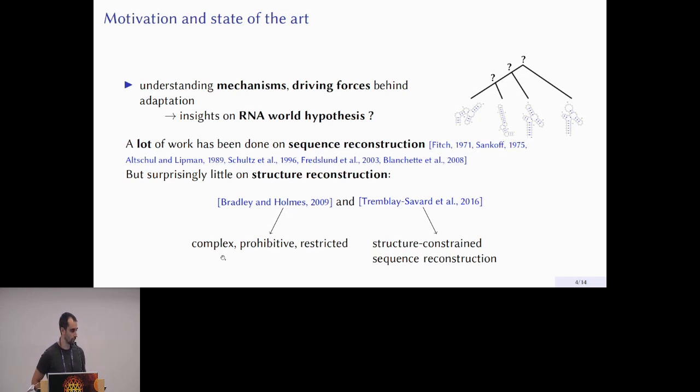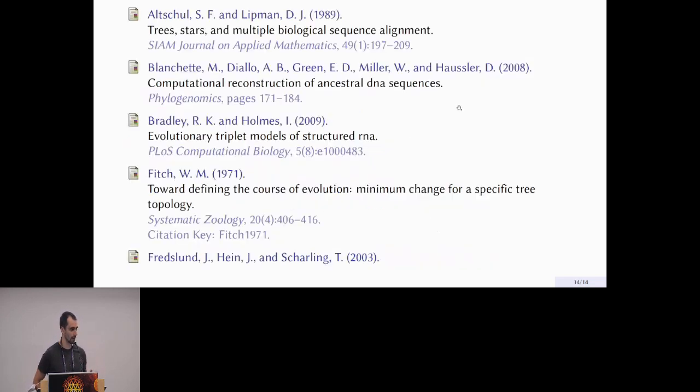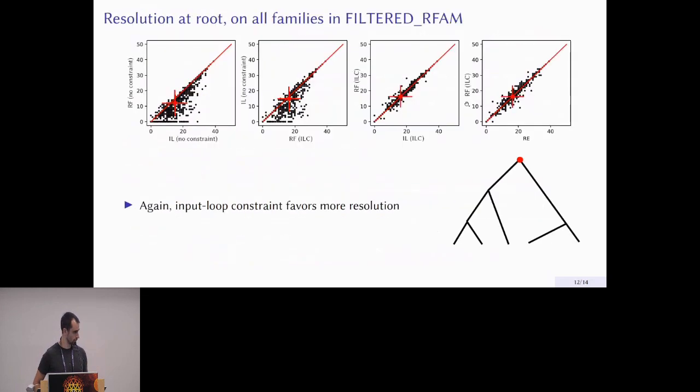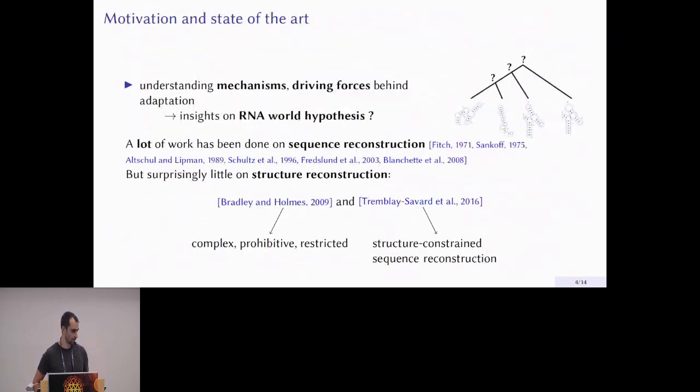However, it's arguably quite complex and prohibitive to run, and also restricted as to which structures you can put at the leaves, so you do not have complete freedom. And there is this more recent work, but it's not really concerned with structure reconstruction, more with structure constrained sequence reconstruction. So we thought there was a gap here to be addressed.